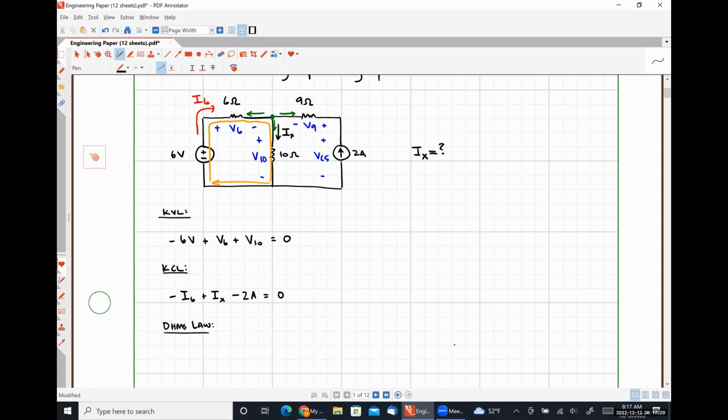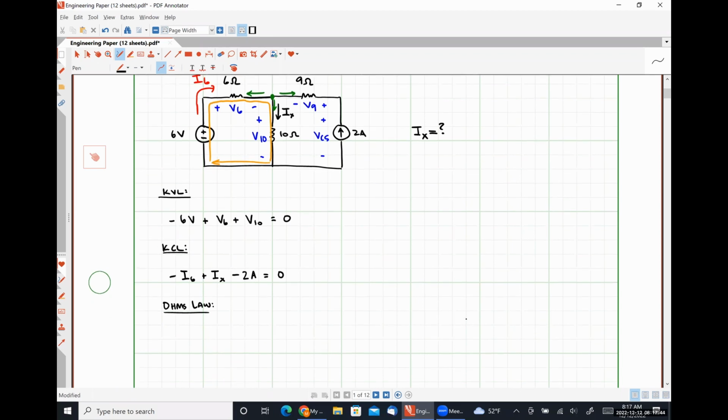All right, so now I'm going to use Ohm's law in order to express V6 and V10 in terms of the currents I6 and Ix. So using Ohm's law, we can say that V6 is equal to 6 ohms times I6.